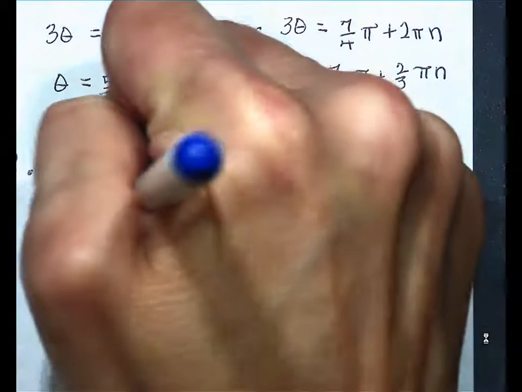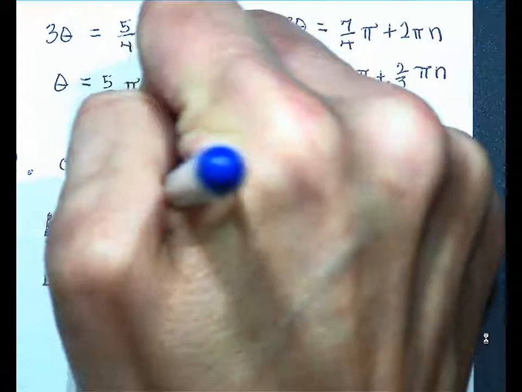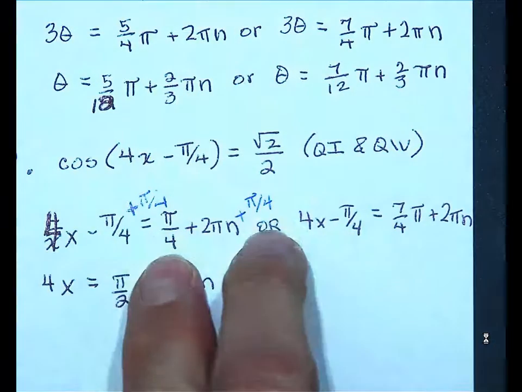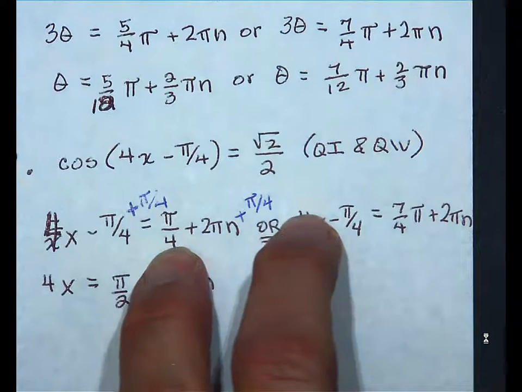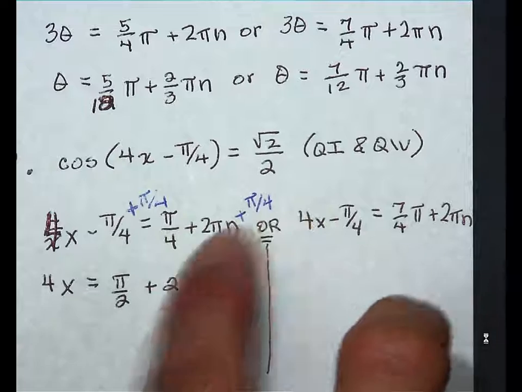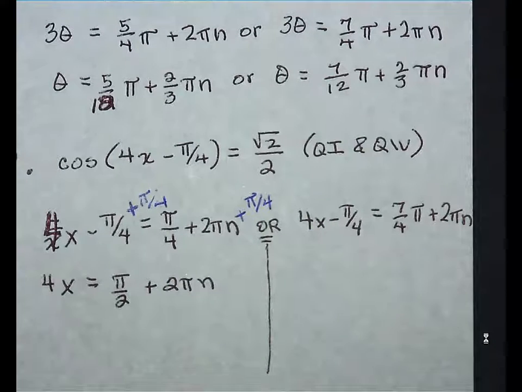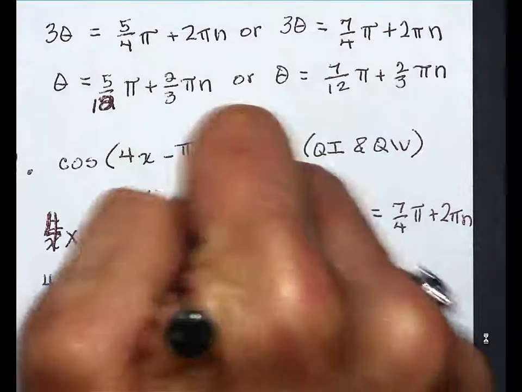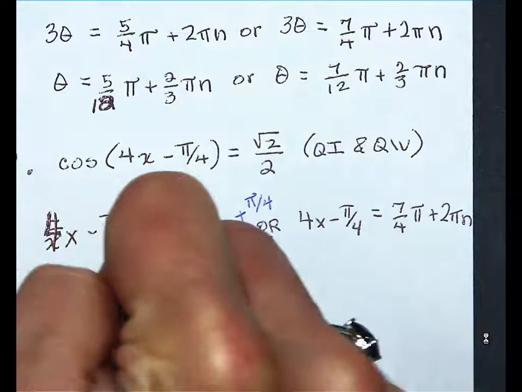When you add pi over 4 to both sides, on the right-hand side, you're just combining like terms. When you add, you can only combine like terms. That's why I'm not adding pi over 4 to 2 pi n. When I divide by 4, I have to divide all three terms by 4, just like I do in algebra.